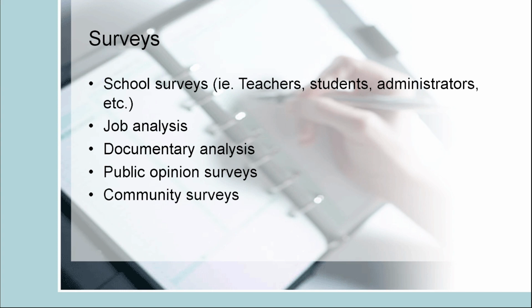Commonly, if you are going to tie up with a company, there will be three primary users of your system to be developed, as I mentioned a while ago: the customer, the top management, and the employee. Common survey research also includes school surveys, job analysis, documentary analysis, public opinion surveys, and community surveys.